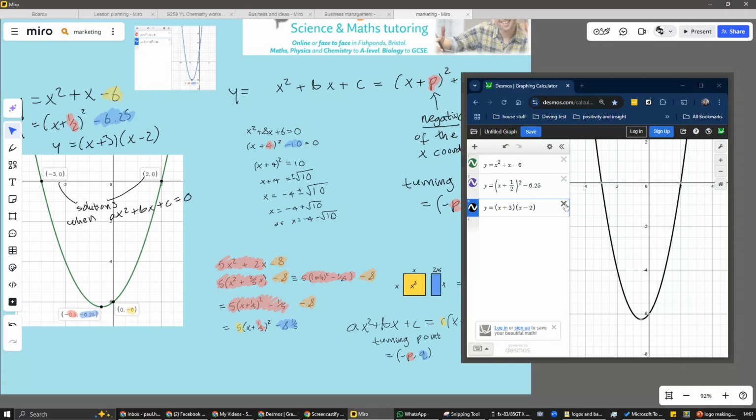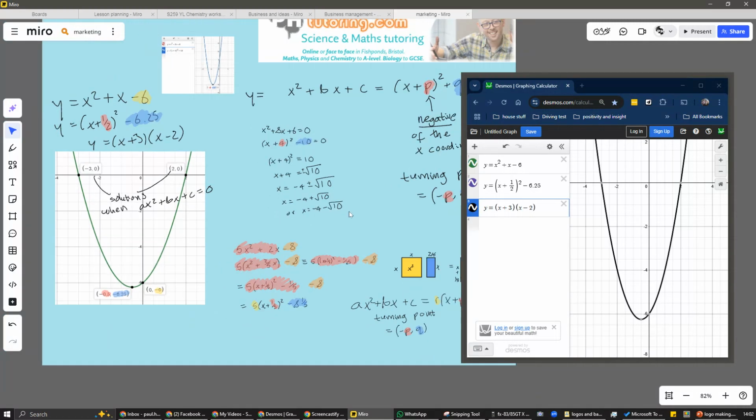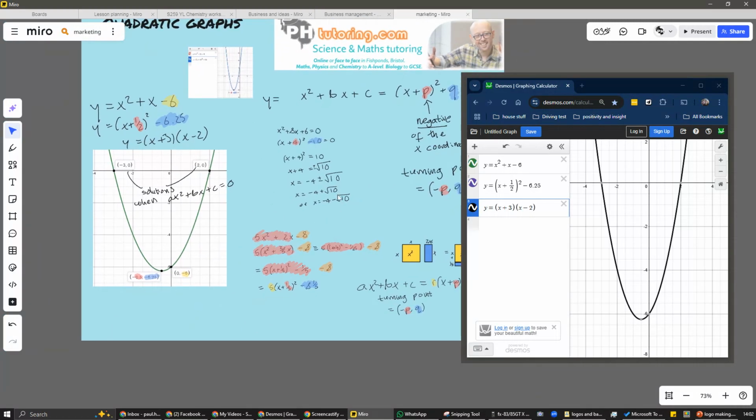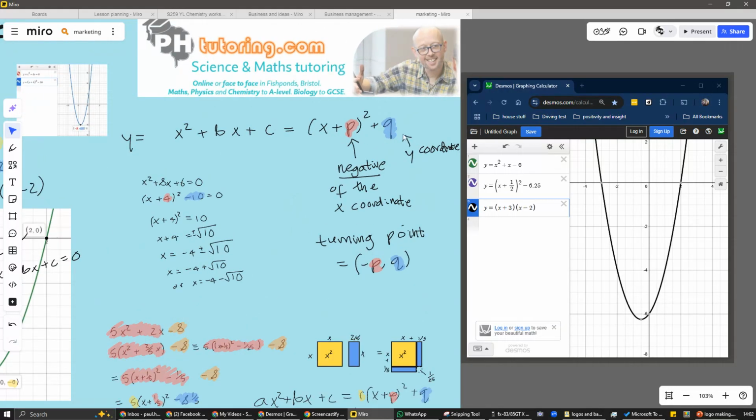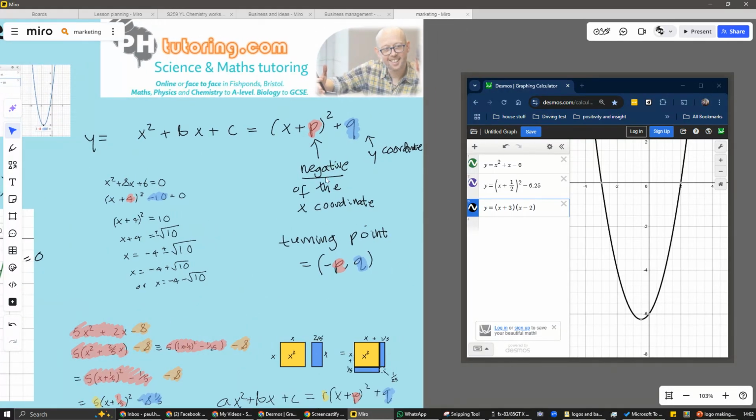I'm going to link it to transformations of functions. But just to recap, when we get into this format, we find out that this is the negative of the x-coordinate and this is the y-coordinate.